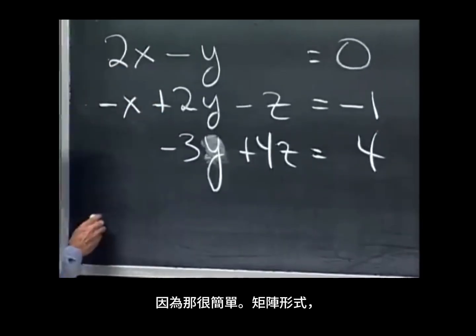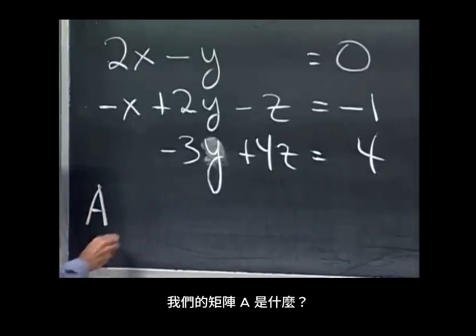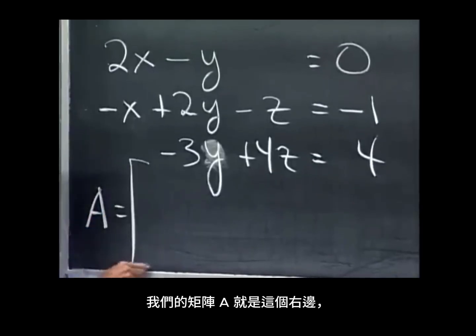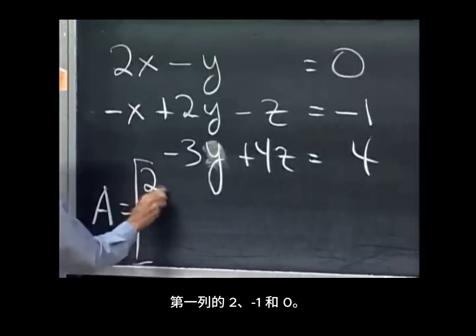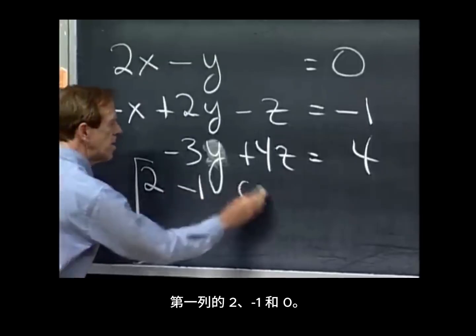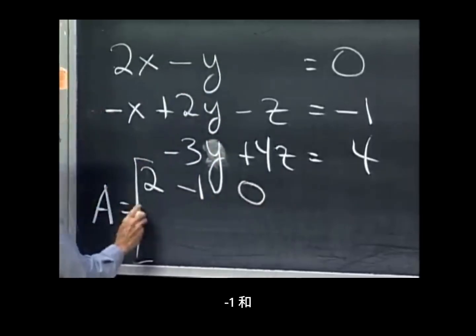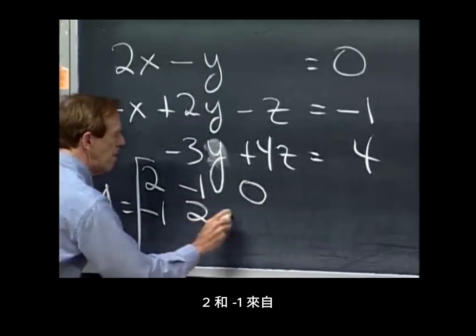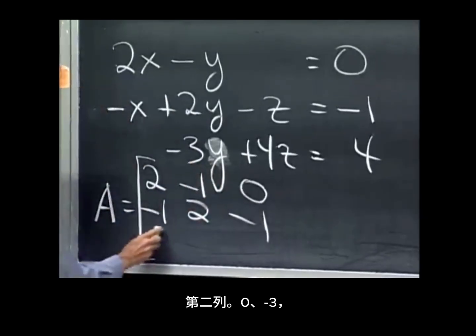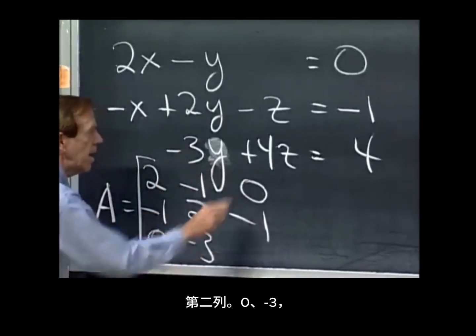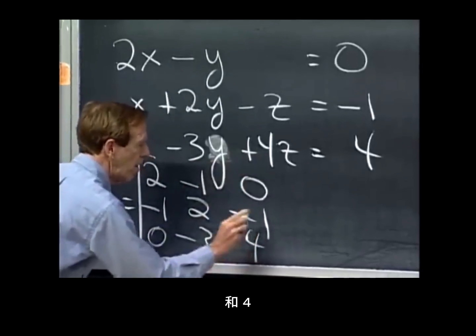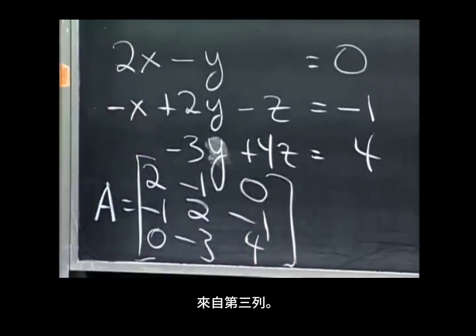The matrix form, what's our matrix A? Our matrix A is the 2 and the minus 1 and the 0 from the first row, the minus 1 and the 2 and the minus 1 from the second row, the 0, the minus 3, and the 4 from the third row.